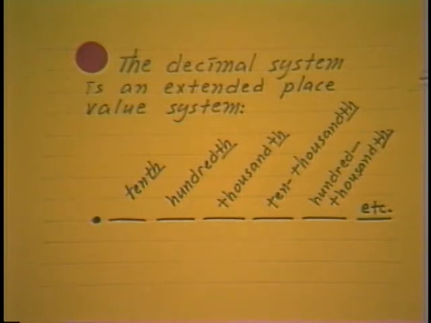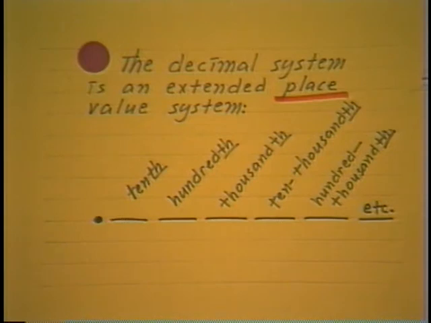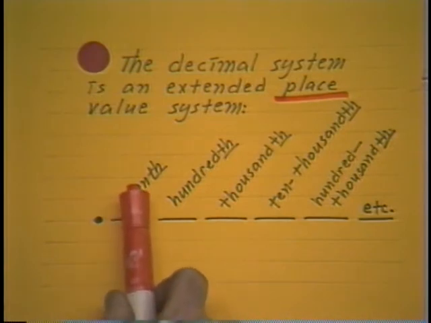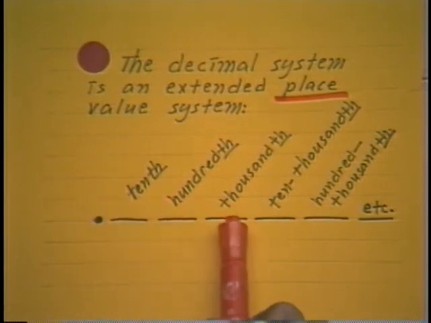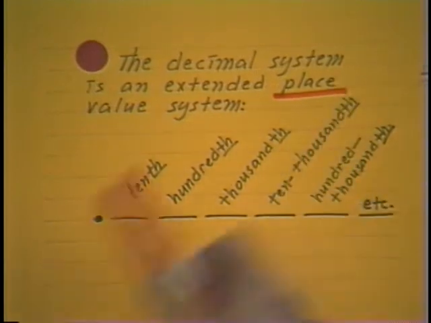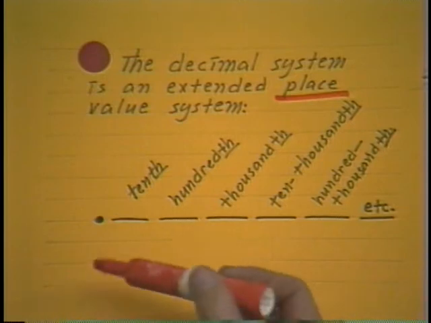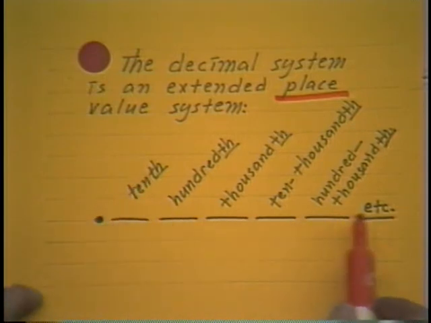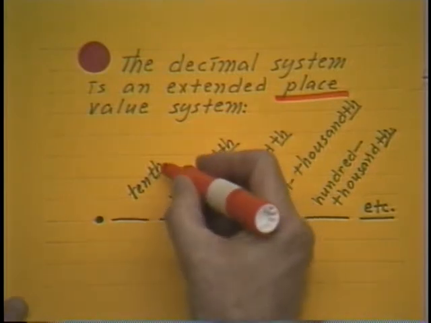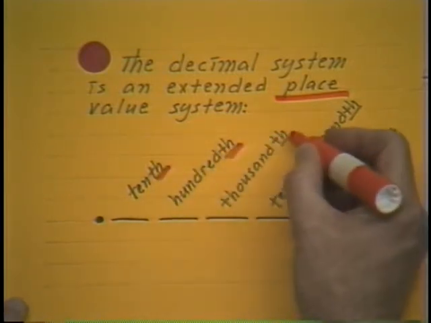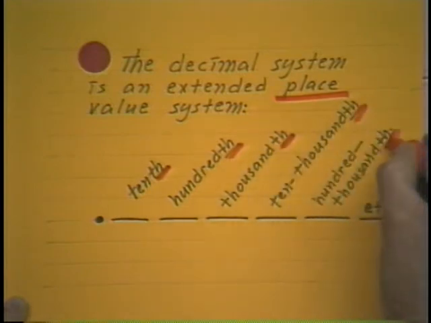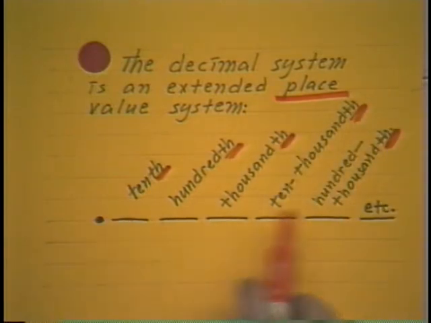So as it turns out, the decimal system is an extended place value system, where now this first place to the right we'll call a 10th place, 100th place, 1000th place, 10,000th place, 100,000th place, etc. This is something that you should memorize if you have not already. Notice that word-wise, it's the TH that tells us that we are in the fractional place.